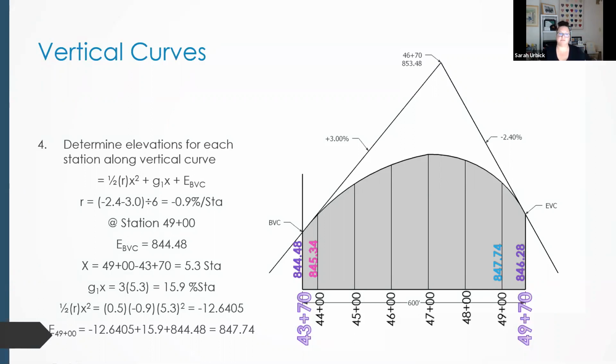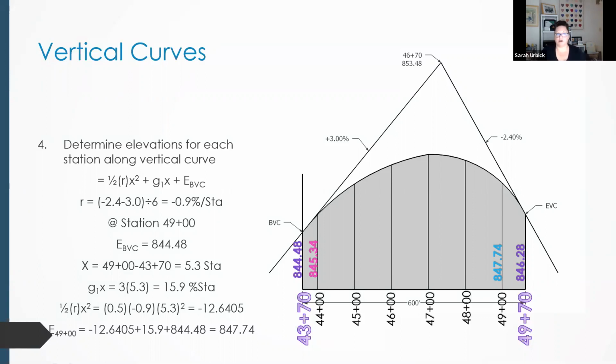G1 times X, G1 is still 3. Even though we're on that side where it looks like we're on the negative slope side, the formula doesn't change. It's still G1, which is 3, times our distance, which is 5.3 stations, gives us 15.9.